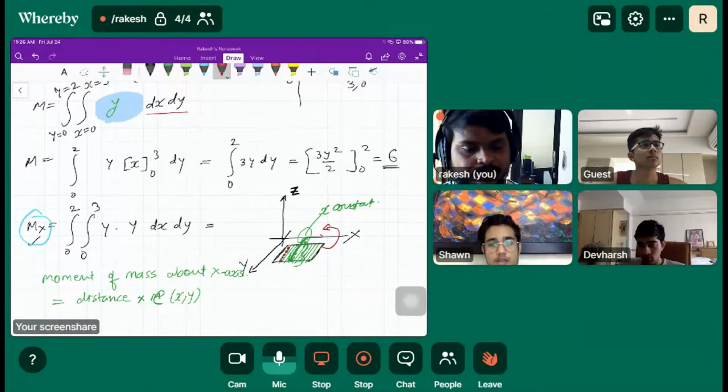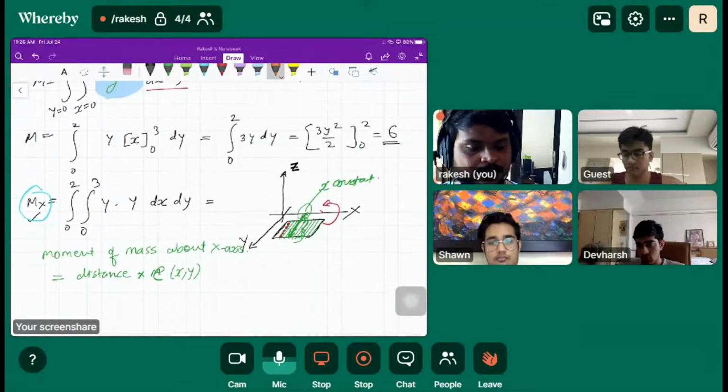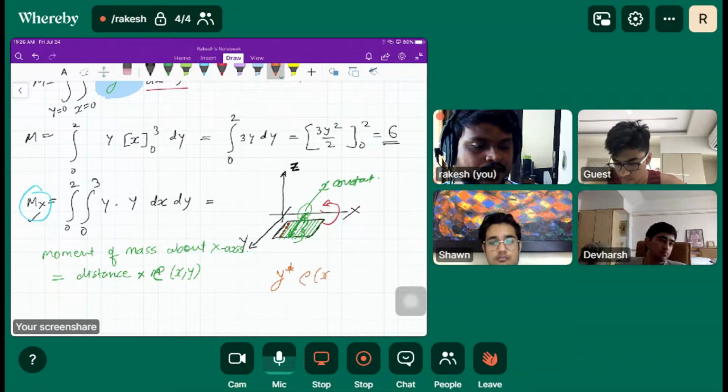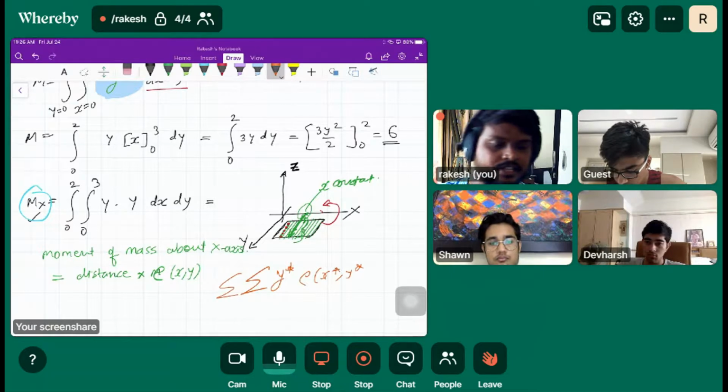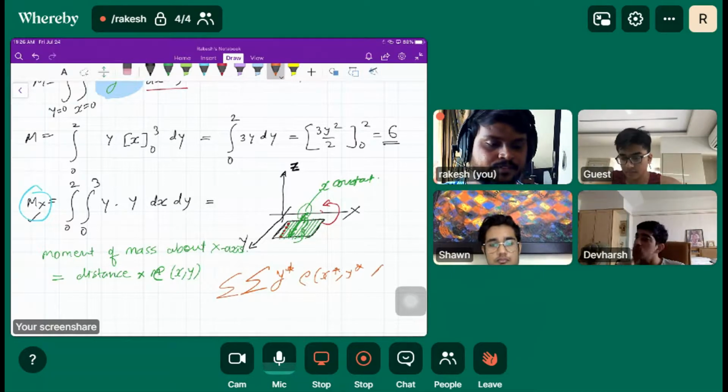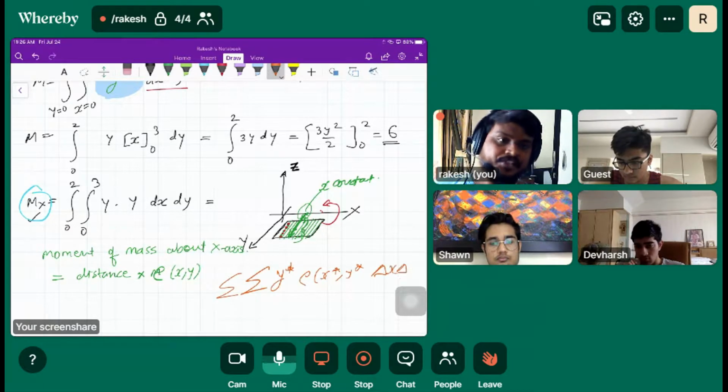If I put it in the proper mathematical term, it will be like y star rho of x star comma y star, in a double summation sign, and it will definitely give you the sense of a double integral.